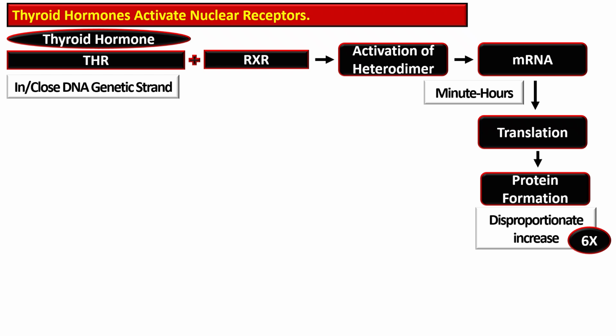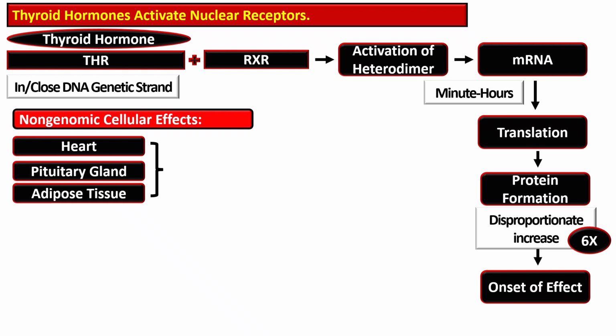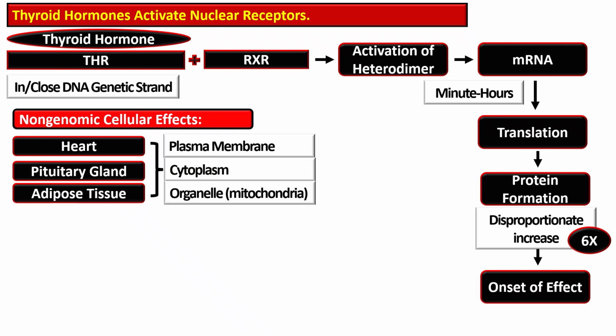In addition to these genomic actions, there are some non-genomic actions of the thyroid hormone. These are faster and secondary mechanisms. Some of these non-genomic cellular effects occur within minutes, too fast for gene transcription, and are not blocked by inhibitors of transcription. The site of action is mainly the plasma membrane, cytoplasm, and possibly mitochondria and other organelles.